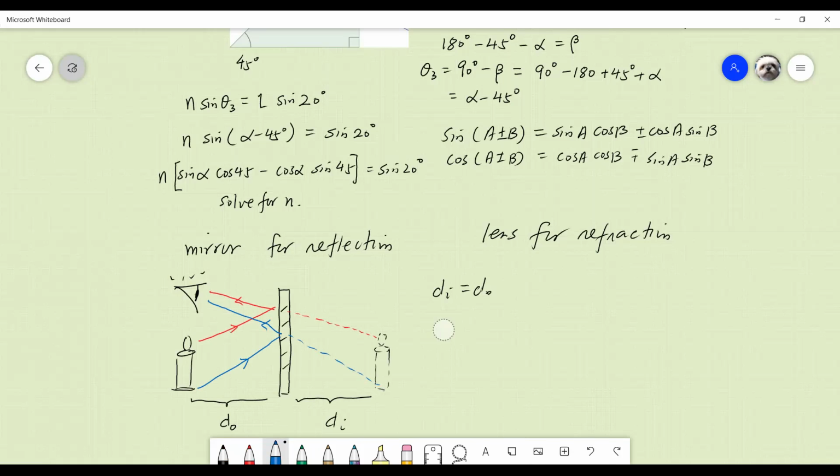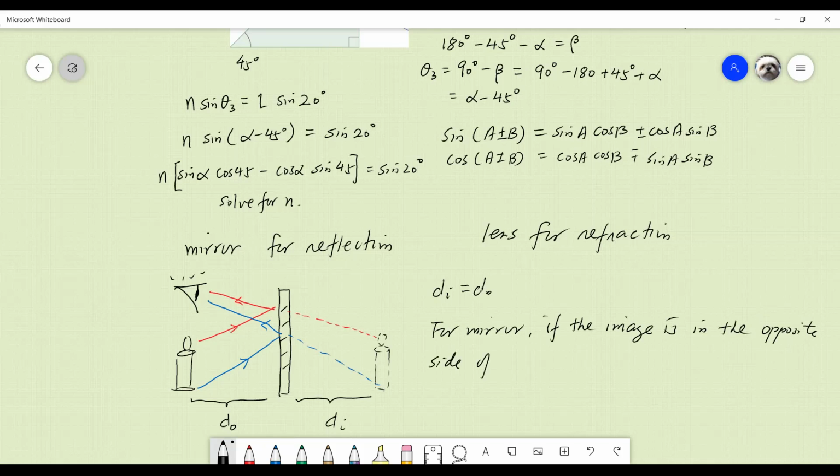For the mirror, if the image is on the opposite side of the object, are they on the opposite side?